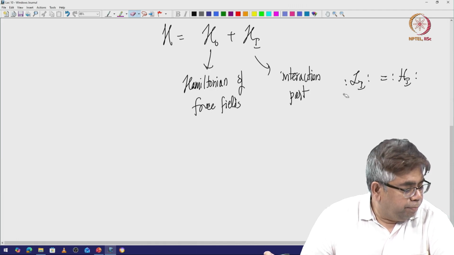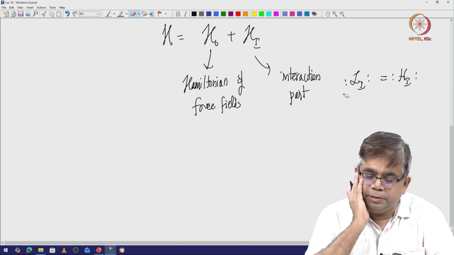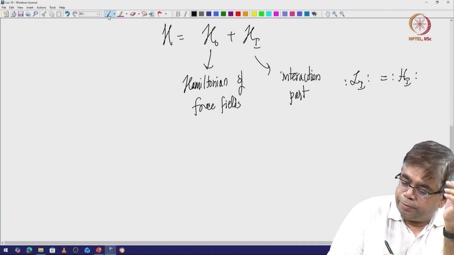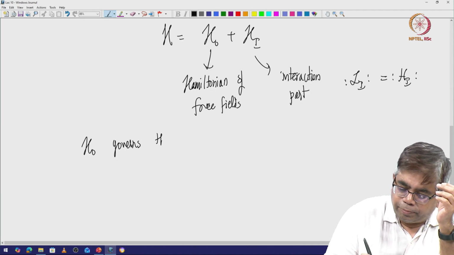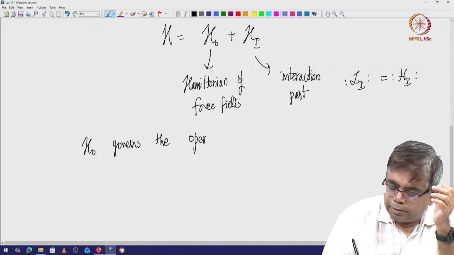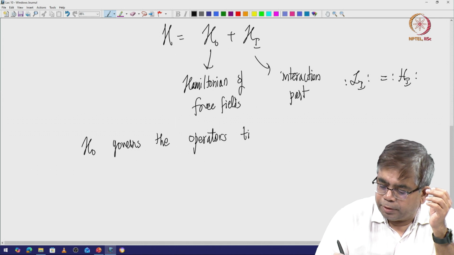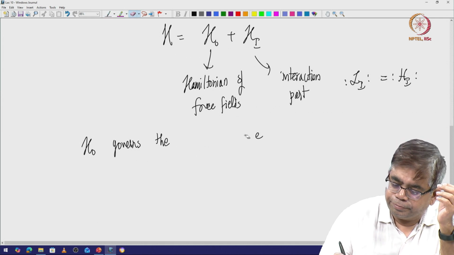So the basic idea is that H0 governs the operators' time evolution. Let me express it right.